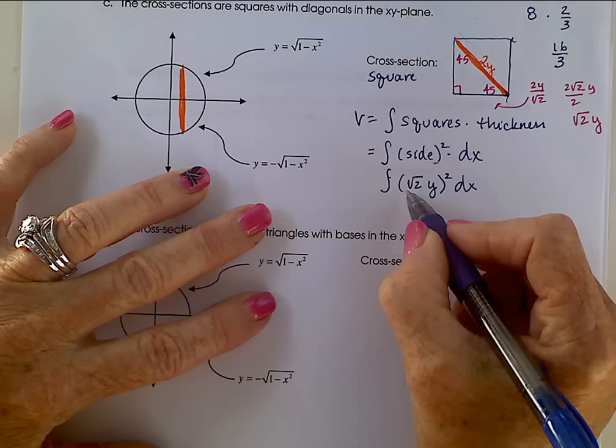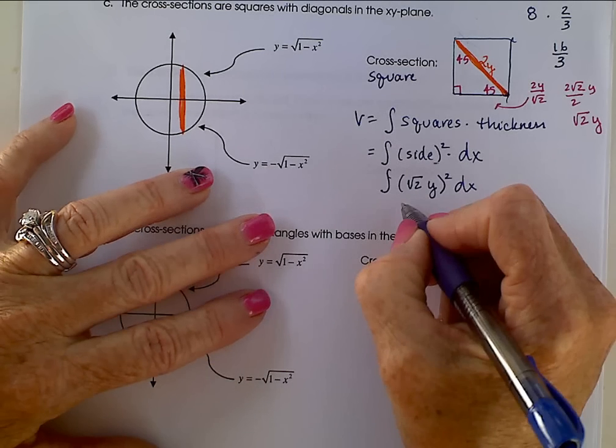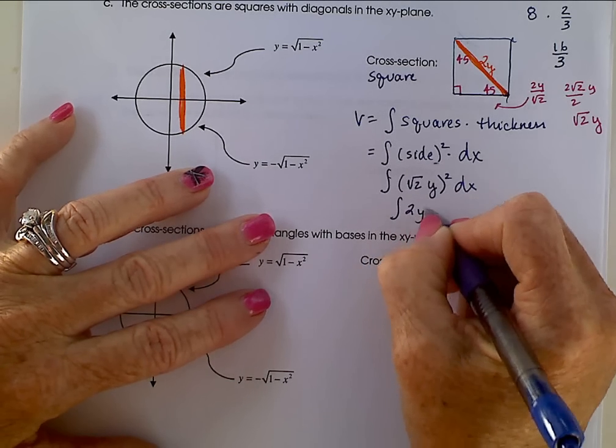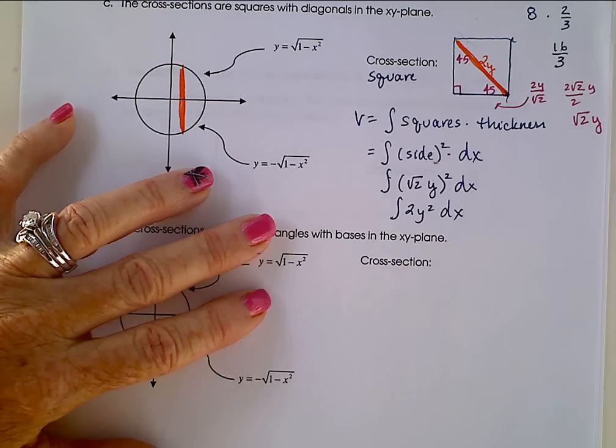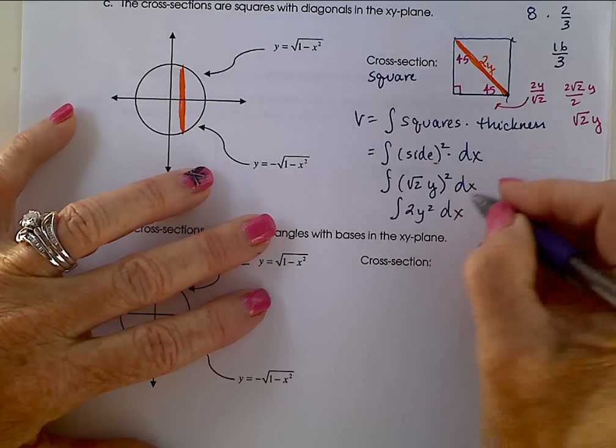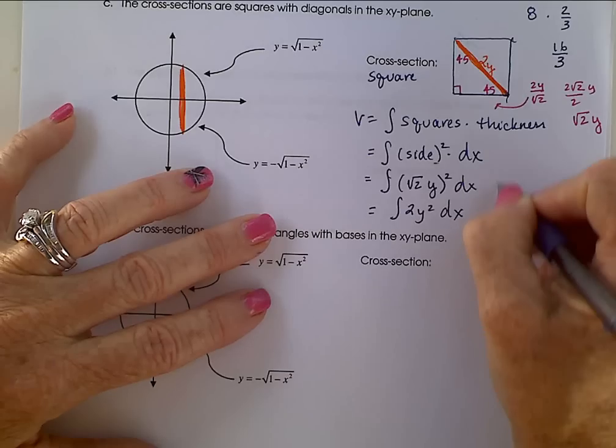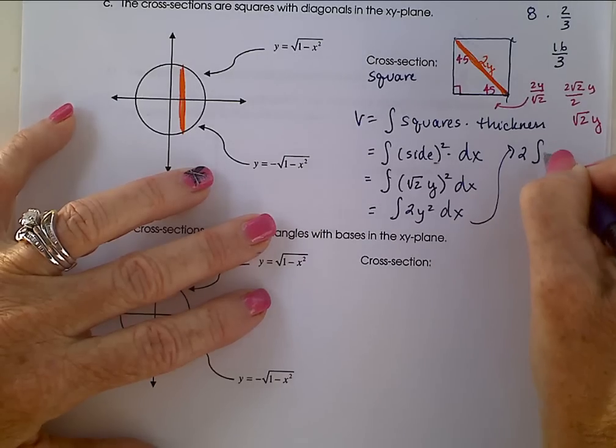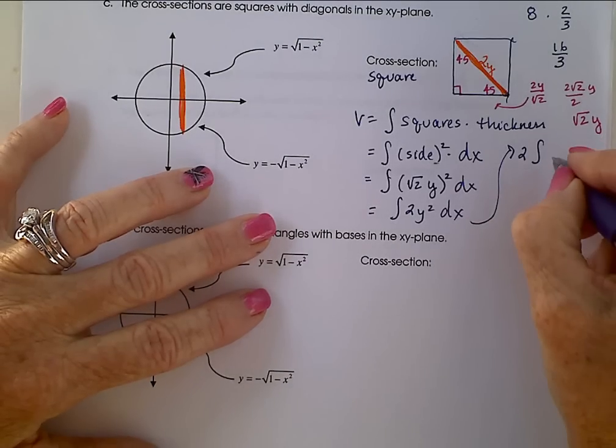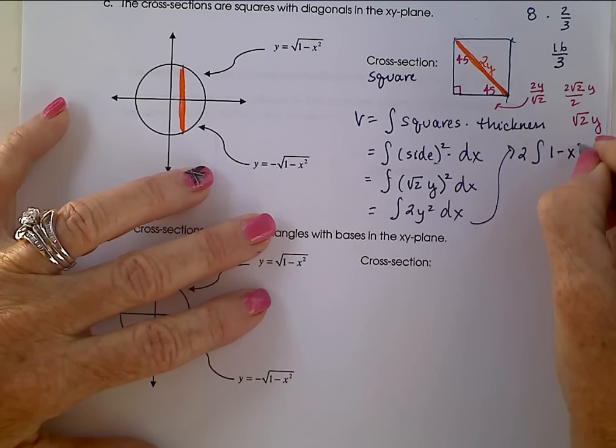Squaring this out, this is 2y squared dx, pulling that 2 out front, and then y squared is, we know by now, 1 minus x squared dx.